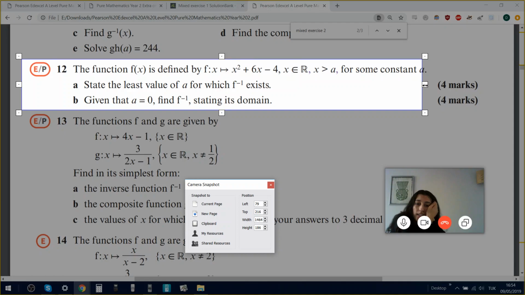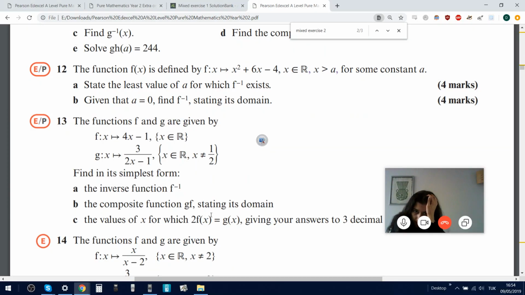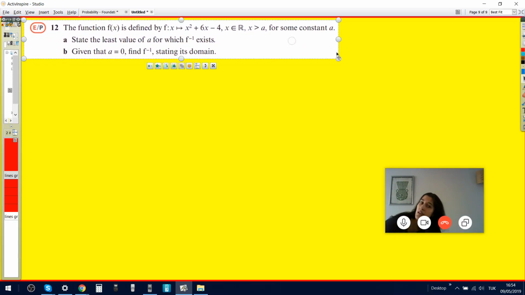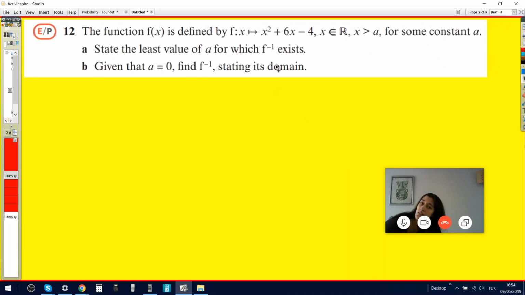So when you find the inverse, that's long, man. Sketch it in your calculator. X squared plus 6x minus 4.